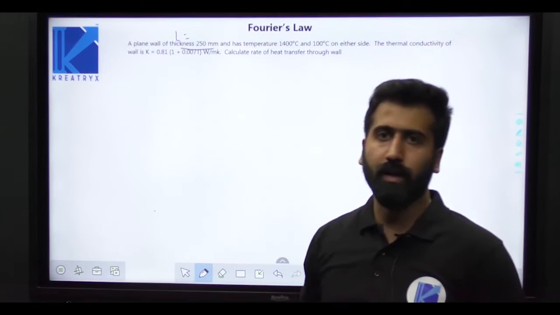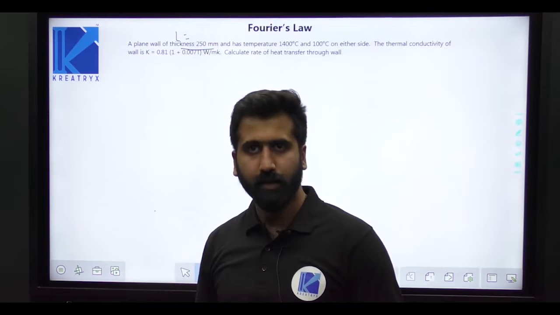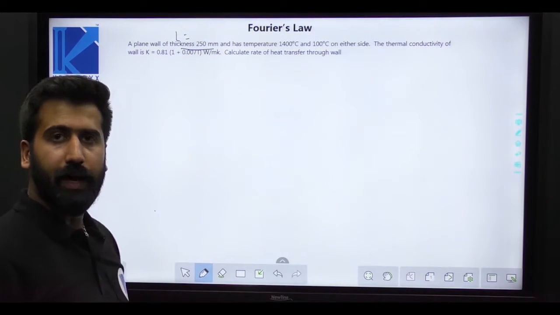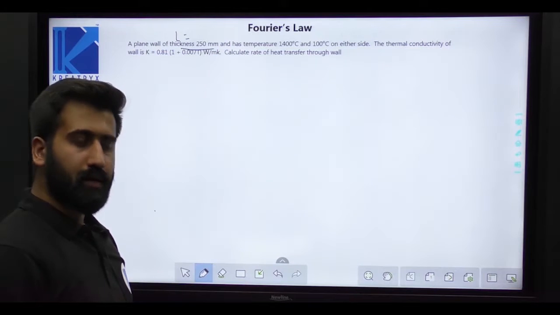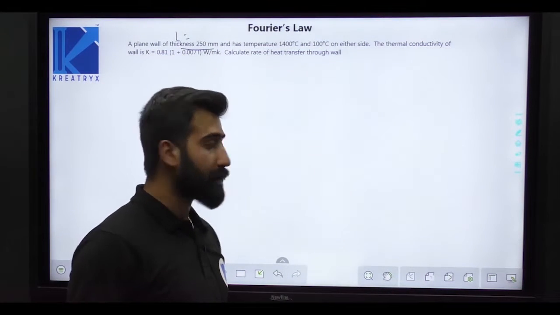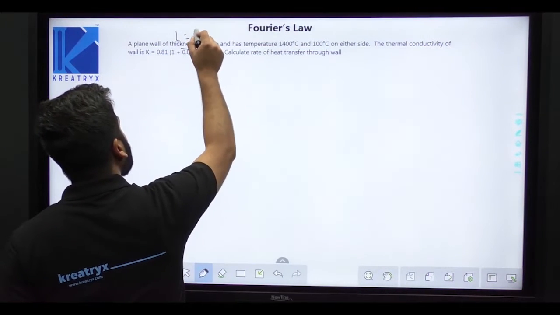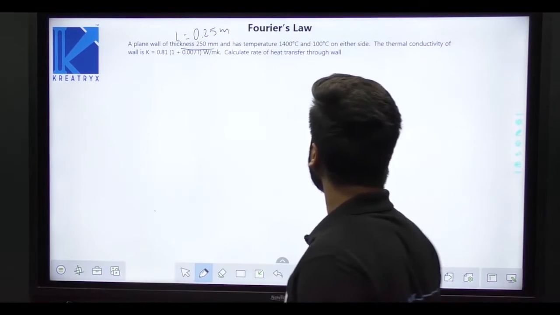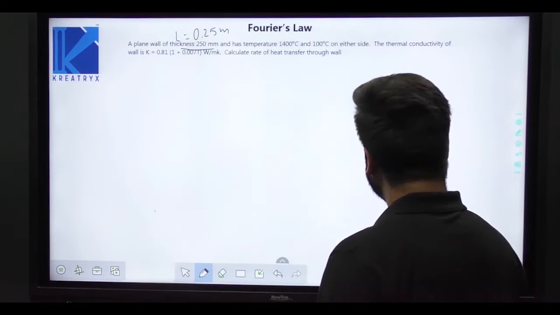I have told you earlier that I like to work in SI units, and so should you, because it actually decreases the probability of committing an error. So L is equal to 0.25 meter and has temperature 1400 degrees Celsius and 100 degrees Celsius on either side.